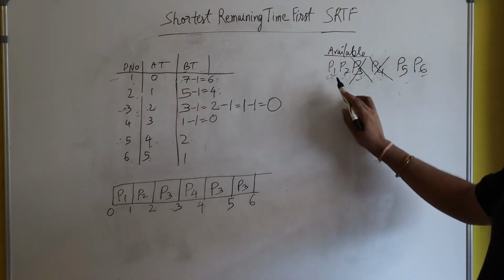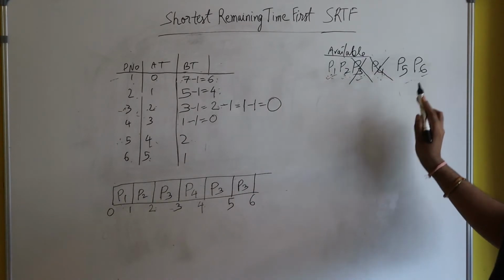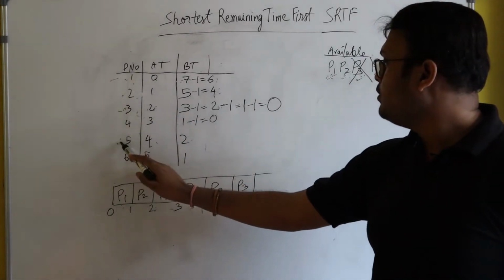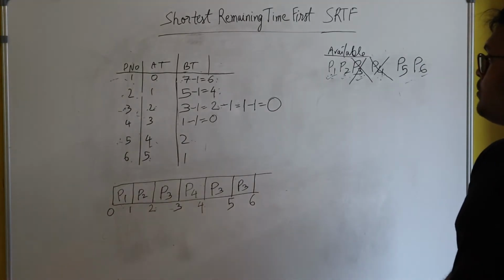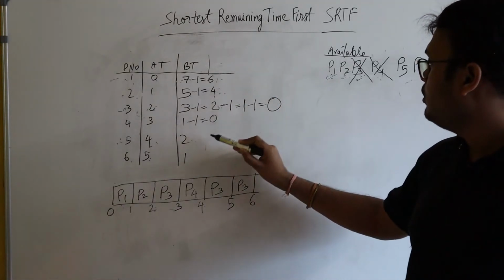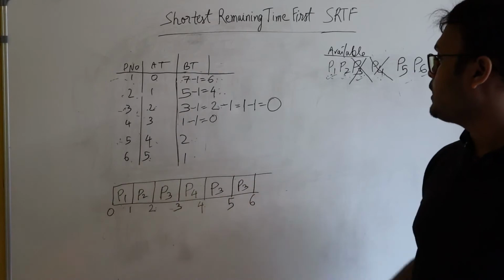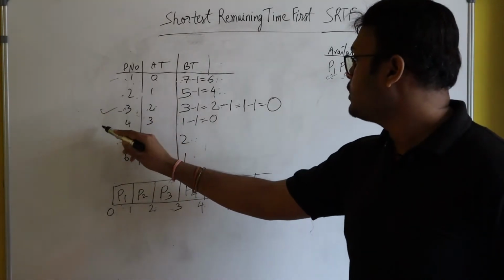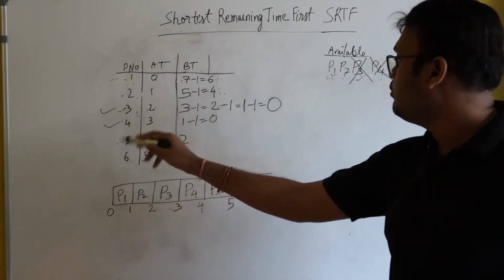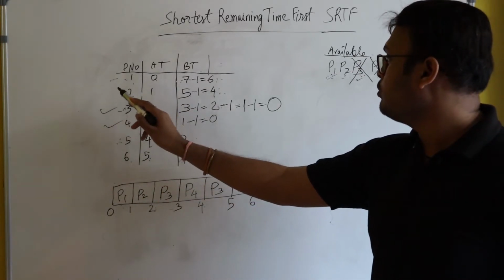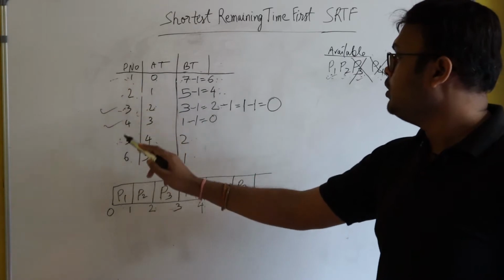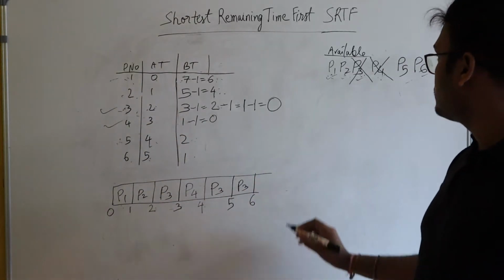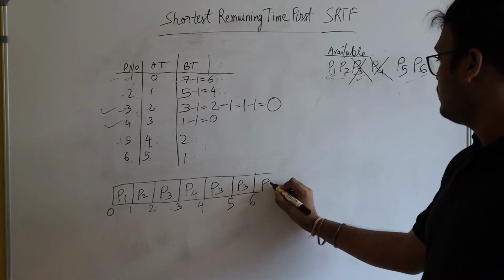Among P1, P2, P5, P6, which process has the lowest burst time? P6 has the lowest burst time, so here I will write P6.